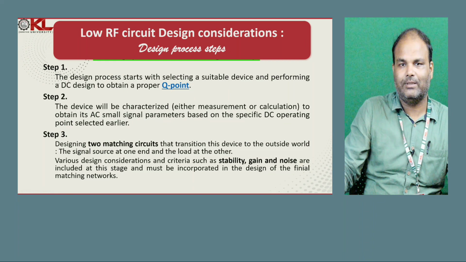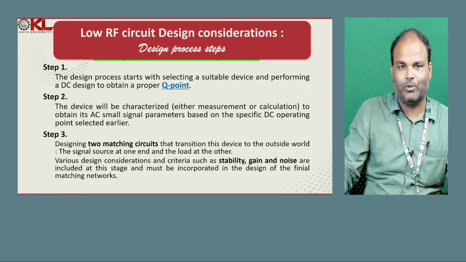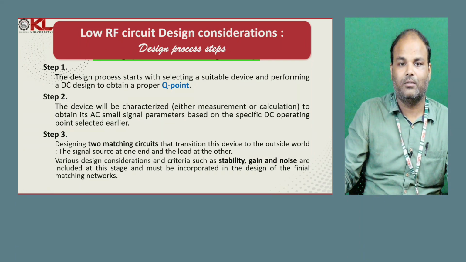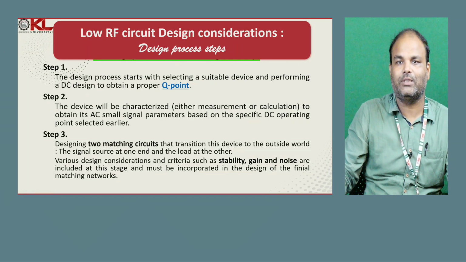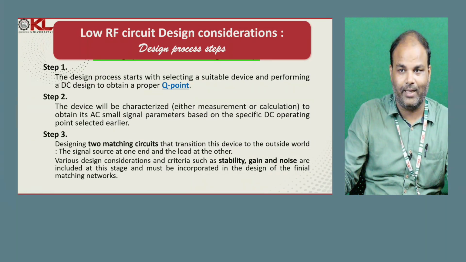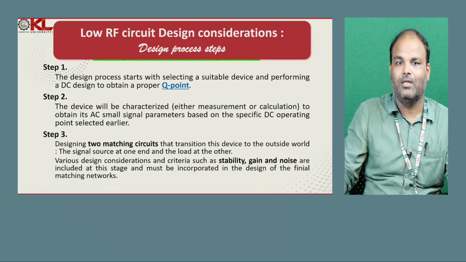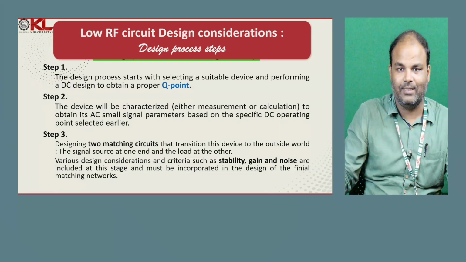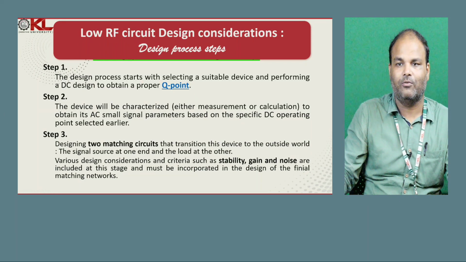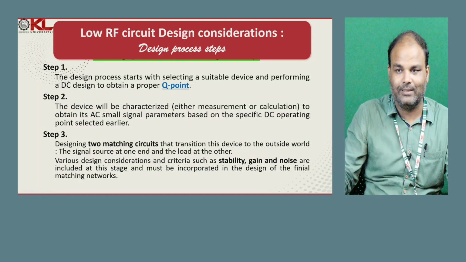Coming to the design process, we need to go through steps. The first step is that the design process starts with selecting a suitable device and performing a DC design to obtain a proper quiescent point. Second, the device will be characterized to obtain its small signal parameters, based on the specific DC operating point selected earlier.